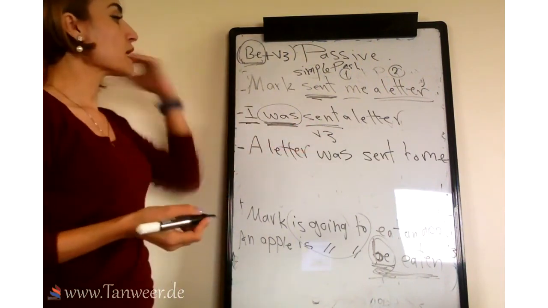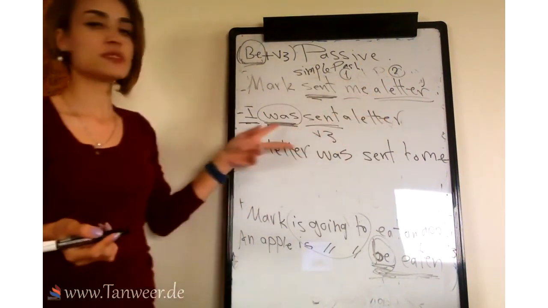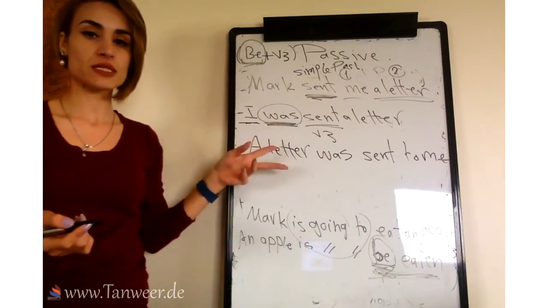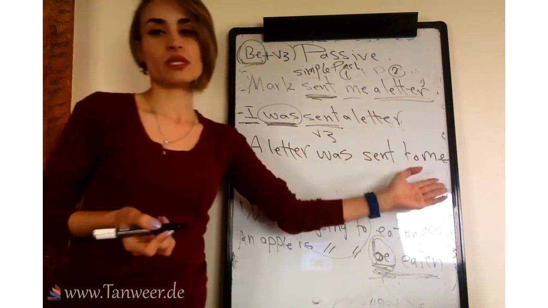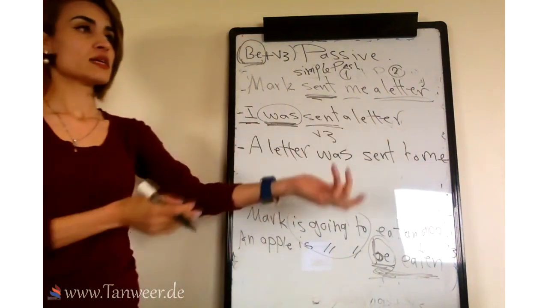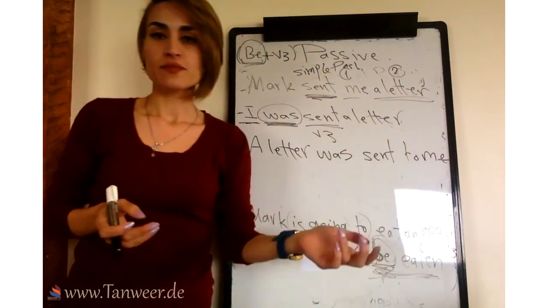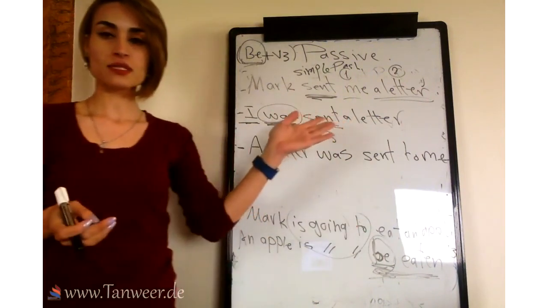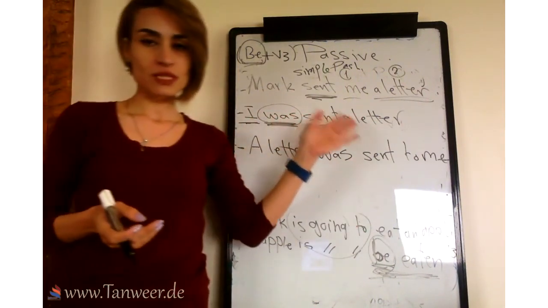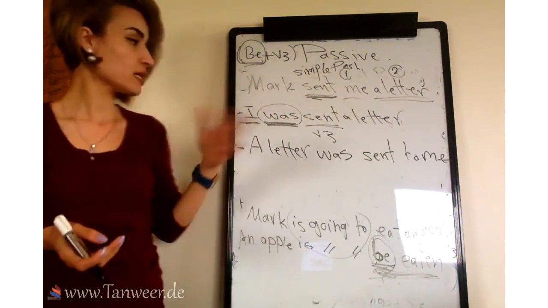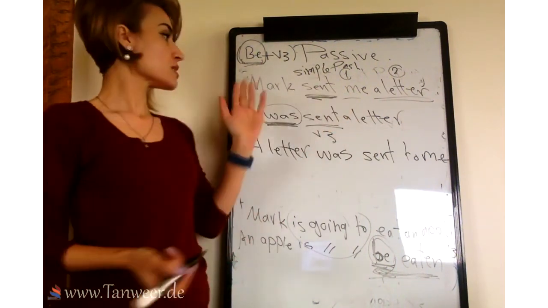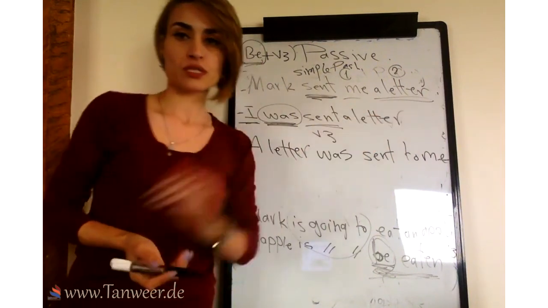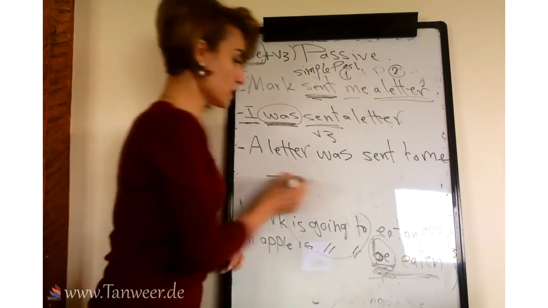So here, when I have two objects, I can make the sentence passive in two ways. The first one, I was sent a letter; the second, a letter was sent to me. It's the same like he gave me a present. He gave me a present. I was given a present; a present was given to me. Okay? So here we are talking about a sentence that has two objects. Good? Okay.